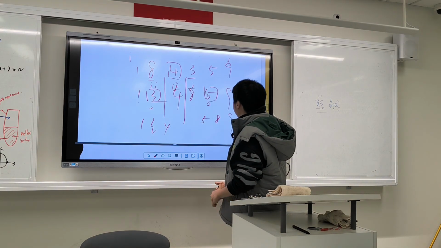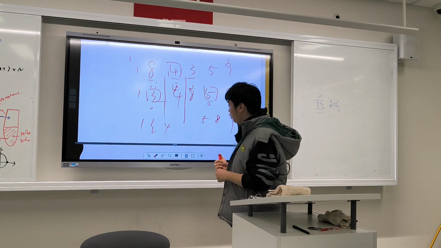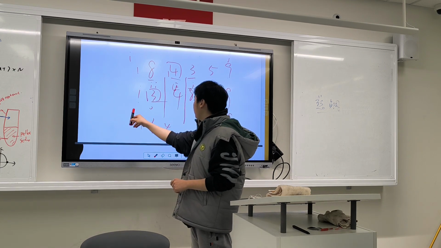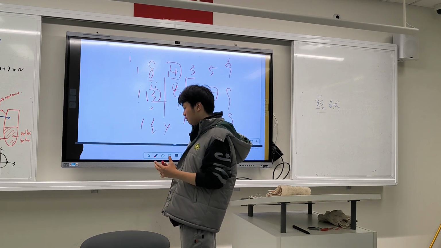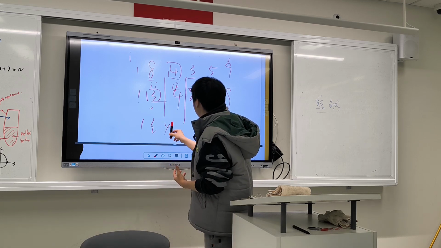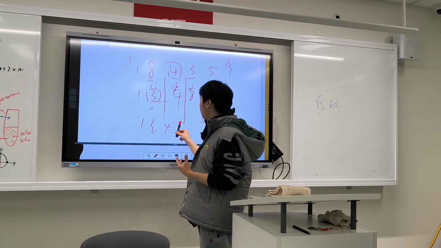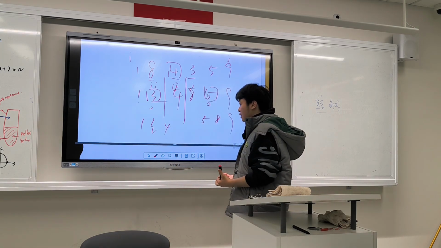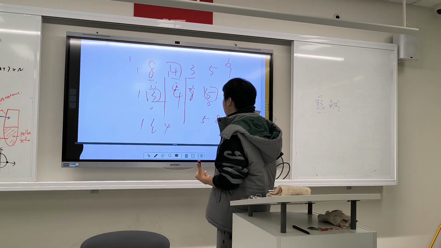When you divide the subarray, each of the elements on the left-hand side is smaller than the pivot, and all the elements on the right-hand side are greater than the pivot. So you don't need to worry that the array is not sorted.